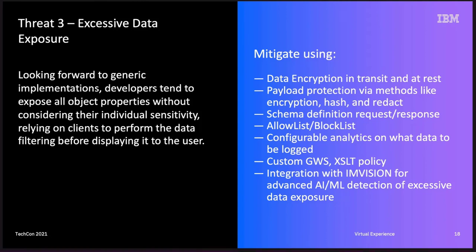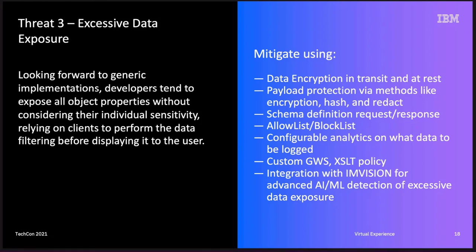These policies contain rules to reference code that should be executed while having access to all parts of the message being passed through the gateway. IBM API Connect provides a fully fledged API management solution that allows users to configure policies for incoming and outgoing messages through the gateway via allow list and block list.